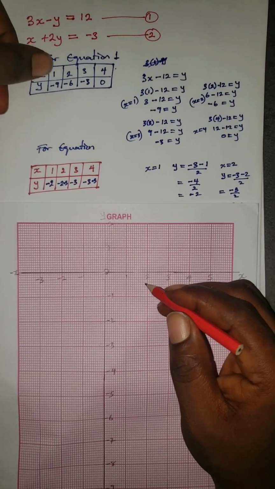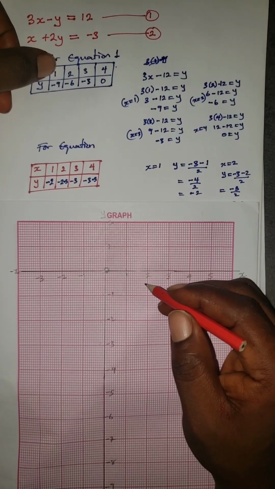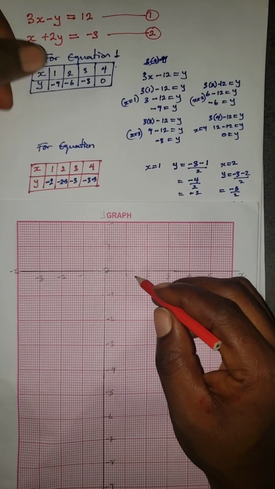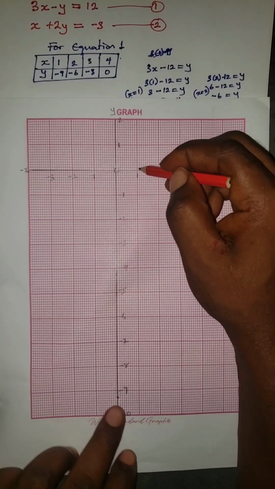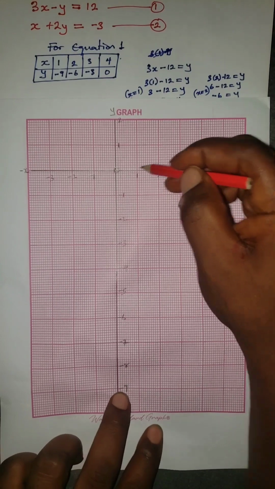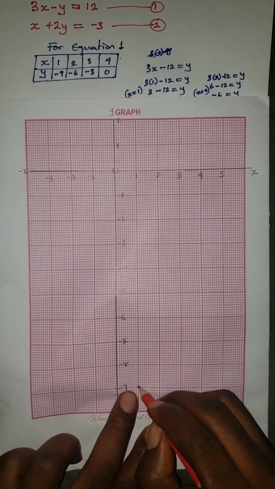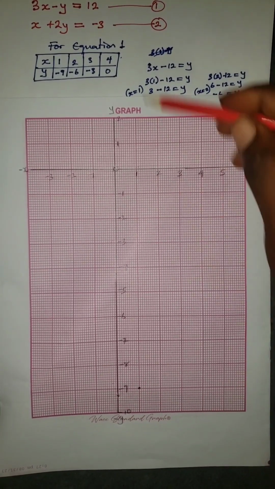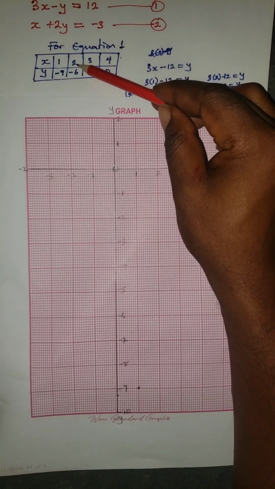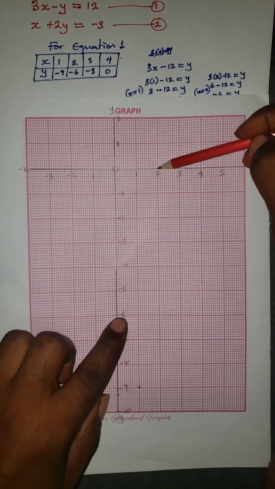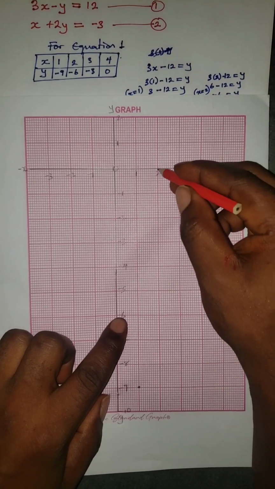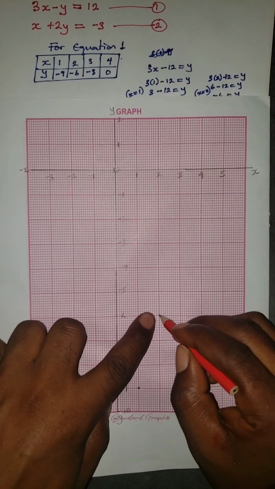So for equation 1, when x equals 1, y equals -9. So this is our 1, this is our -9 for y. So where they meet is at this point. When x equals 2, y equals -6. So here is 2, here is -6. Where those two lines meet is at this point.